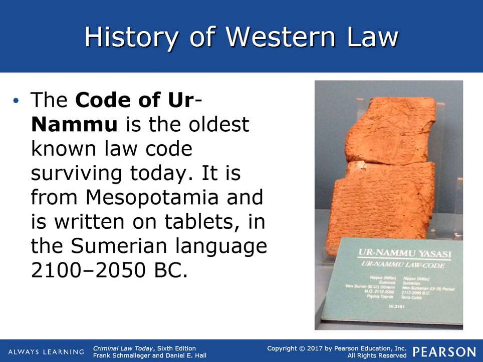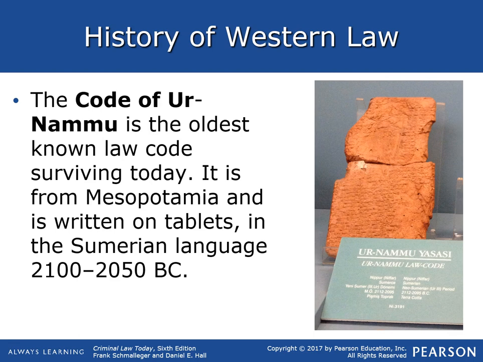A couple of examples I have would be the Code of Ur-Nammu. This is the oldest known law code surviving today. And it is from Mesopotamia and is written on tablets in the Sumerian language from 2100 through 2050 BC.